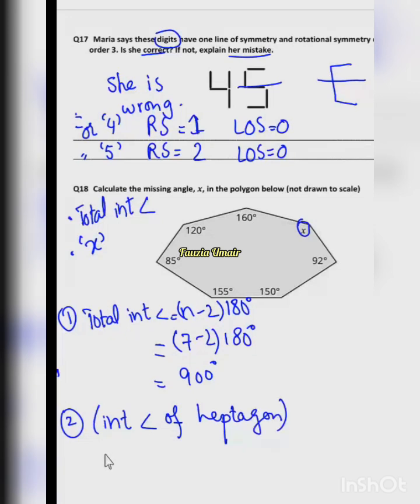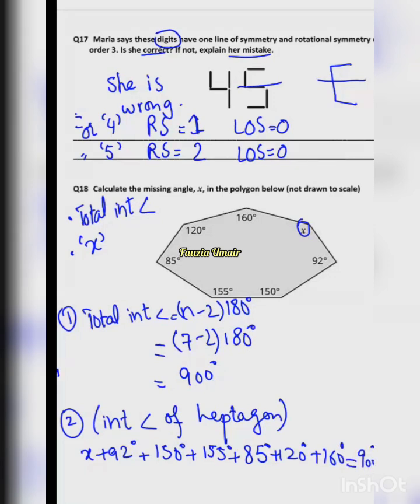I will add all the 7 angles because this is a good 5 marks question. x plus 92, I will not skip any part, plus 150, plus 155, plus 85, plus 120, plus 160 is equal to 900. If we add all these 7 angles, that would be equal to 900 degree. Can anyone tell me what was the sum?